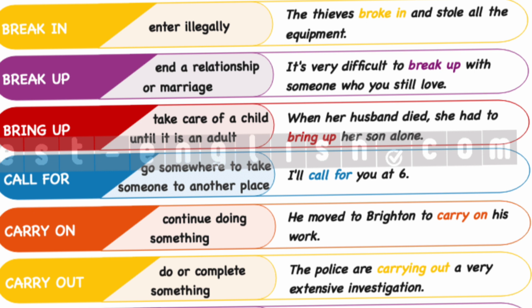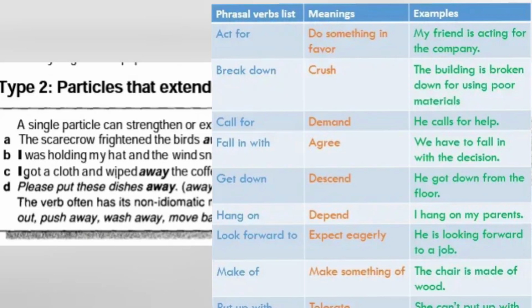I was holding my hat and the wind snatched it away. So away refers to detachment. I got a cloth and wiped away the coffee I had spilled. So here away refers to disappearance.